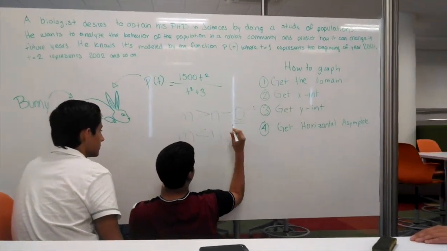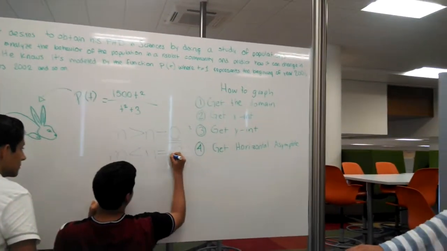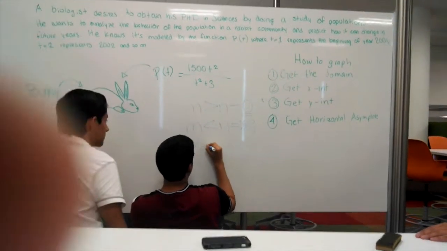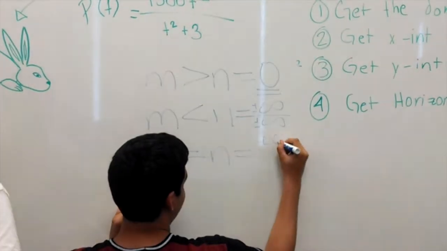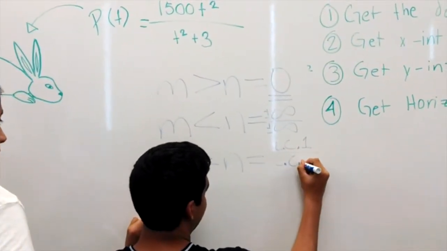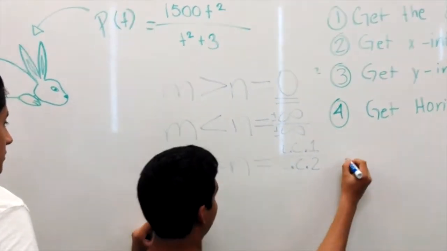When m is smaller than n, it's equal to infinity over infinity. And when m is equal to n, the horizontal asymptote is equal to the leading coefficient of m divided by the leading coefficient of n.